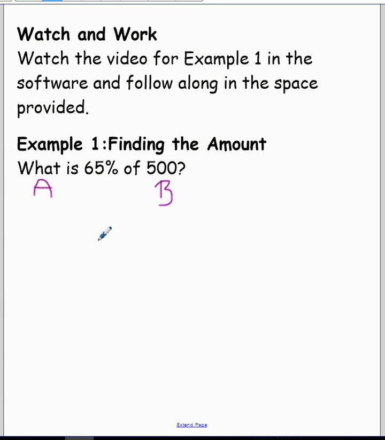As you can see, the A is the what, the B is 500, and the 65 we know is our percent. So our 65 over 100, and that needs to equal A over 500.